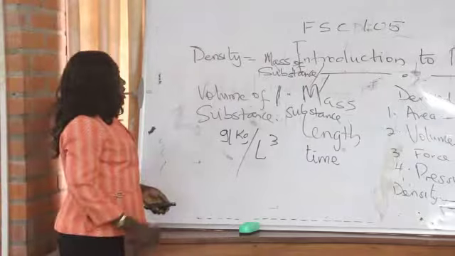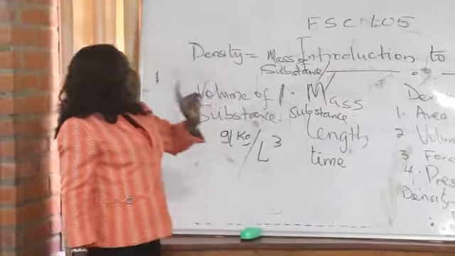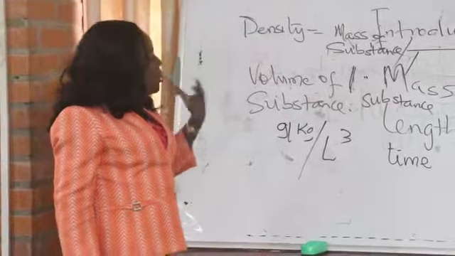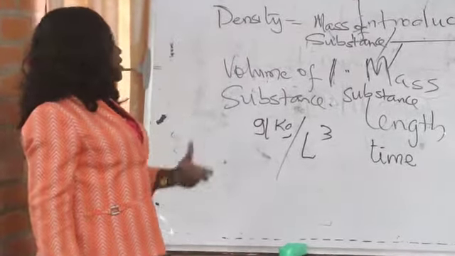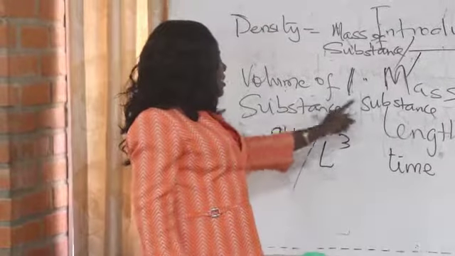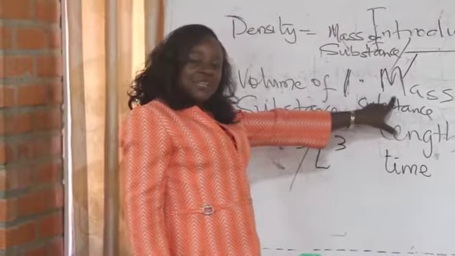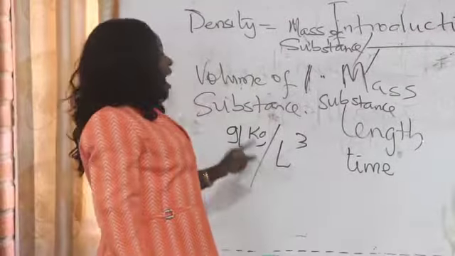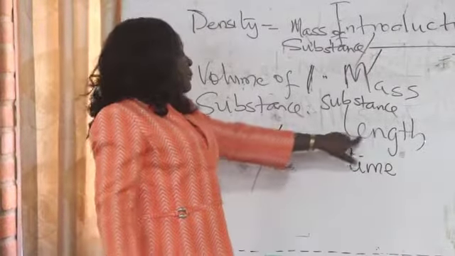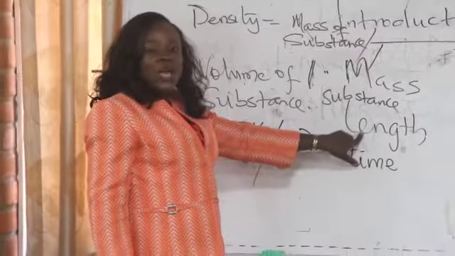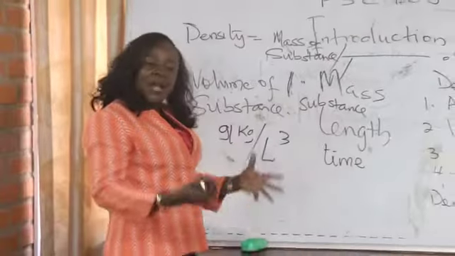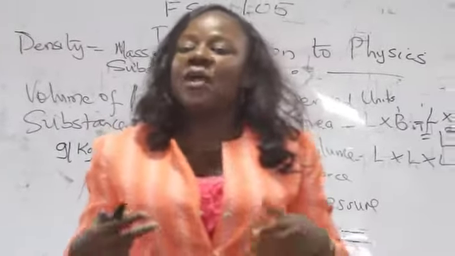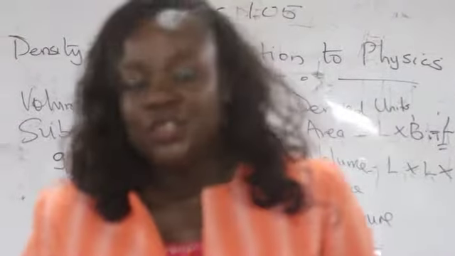So now we can see that derived units are combinations of 2 or more fundamental units. The mass of the substance is a fundamental unit, which appears here. Then we have the length also, which is represented here. It's also a fundamental unit. So when we have 2 or more combinations of these fundamental units, we have the derived unit.